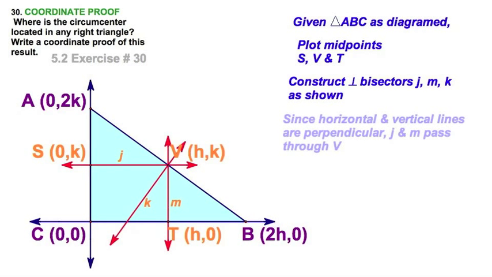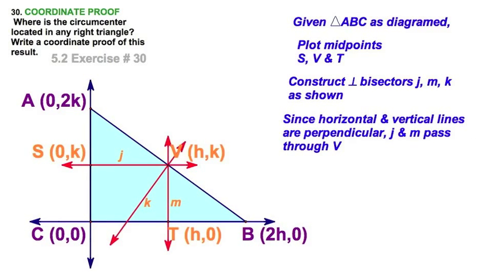So what we know, since vertical and horizontal lines are perpendicular, we've just demonstrated these two pass through point V. Now, of course, H passes through point V because it's just plain the perpendicular bisector of AB, so it has to go through the midpoint. So all three of them are concurrent at point V.